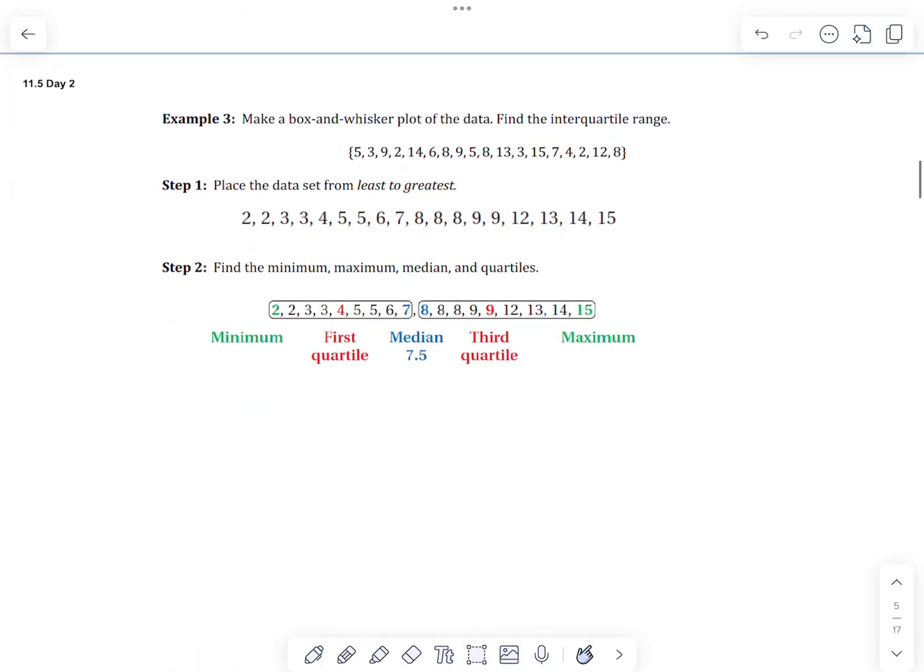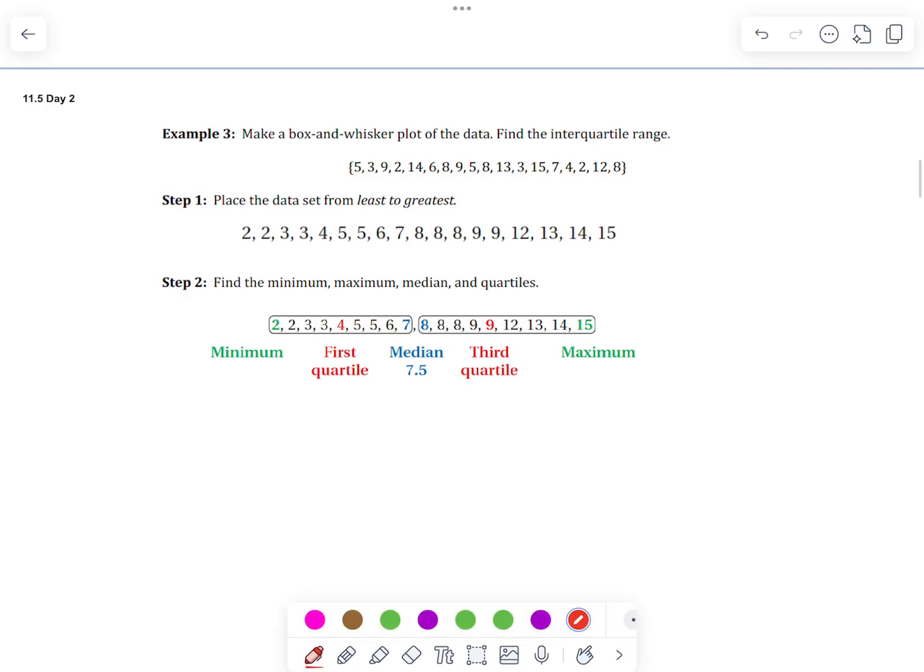So example 3: make a box and whisker plot with the data. So here's our data, and what we have to first do is list it from least to greatest. And then we need to find what we call the 5-number summary, which makes up the box and whisker plot.